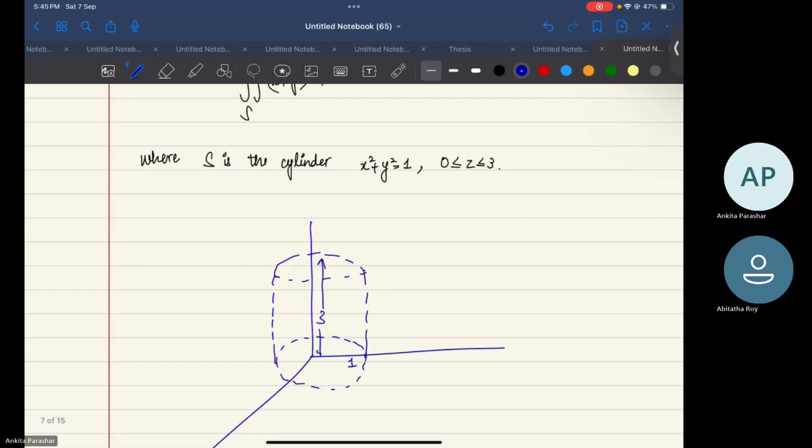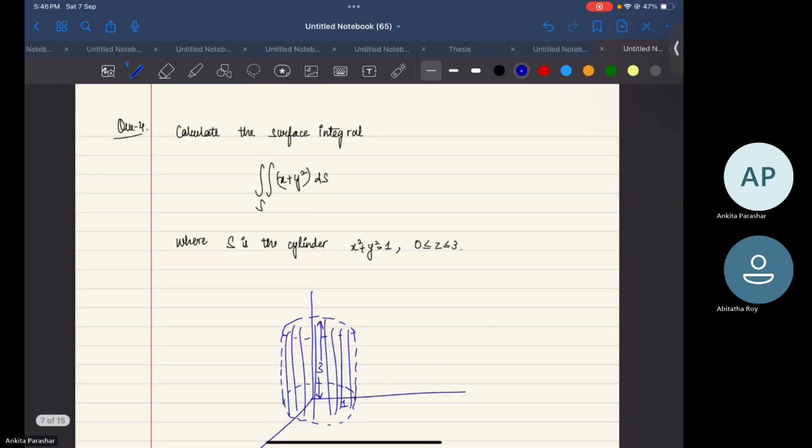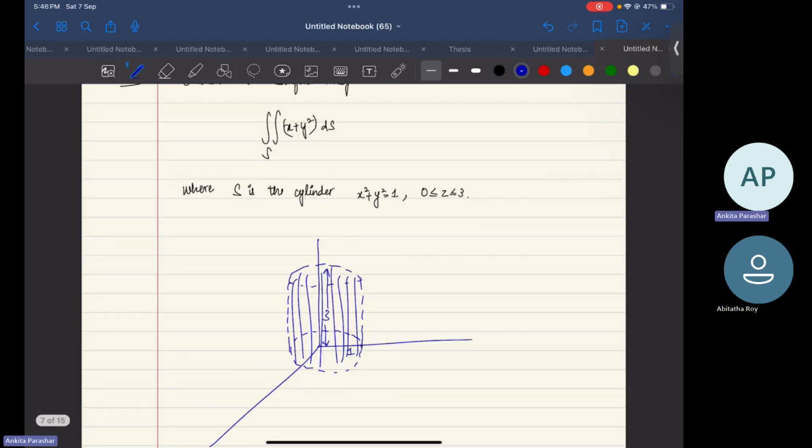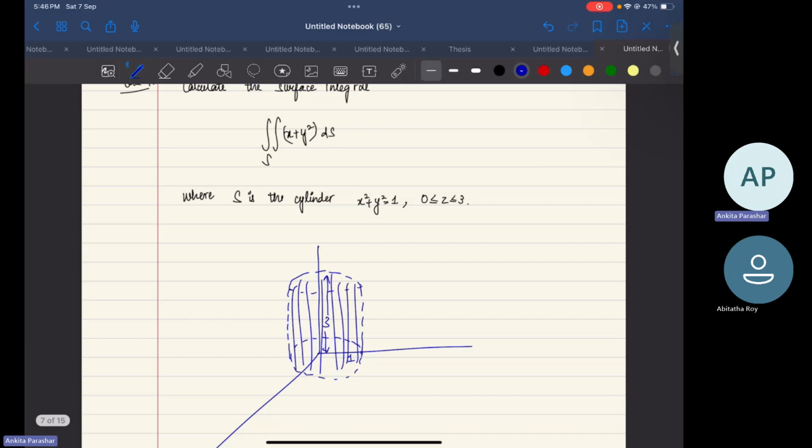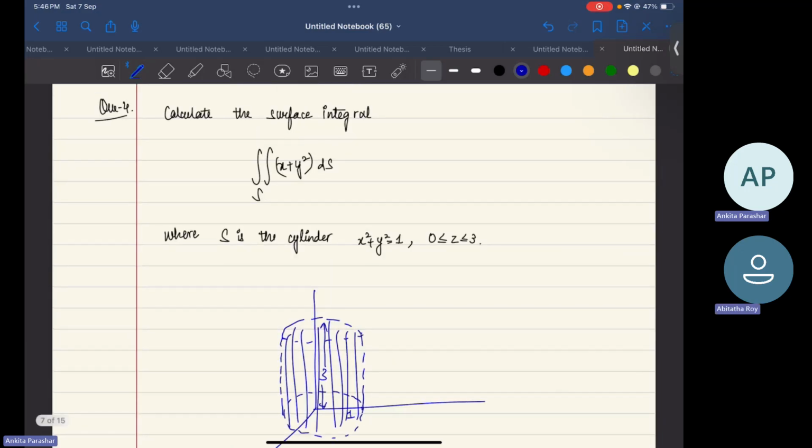So this is how you make your cylinder, and this is what we are interested in. This is the surface, and we want to integrate the function x plus y square over the surface.